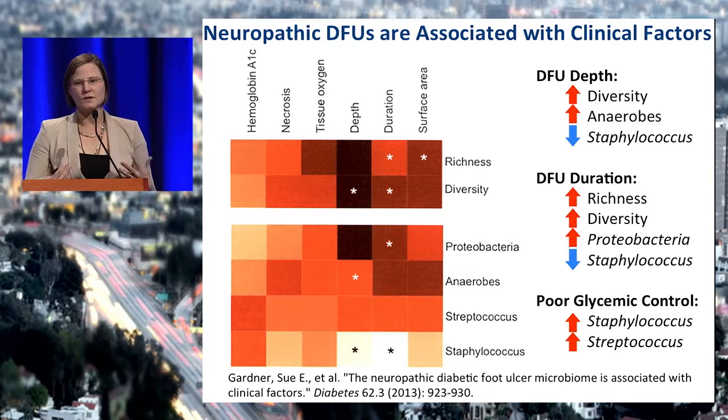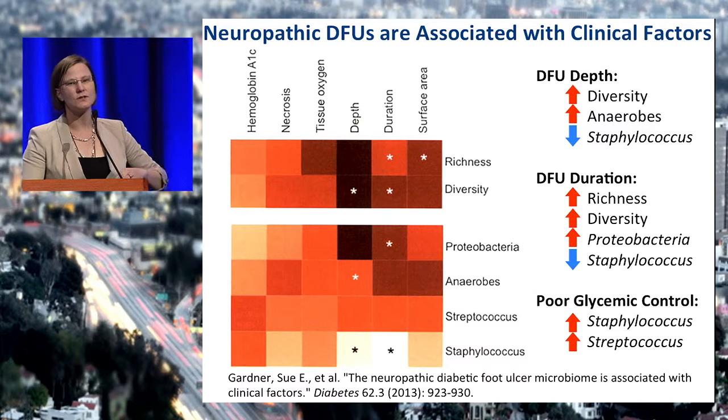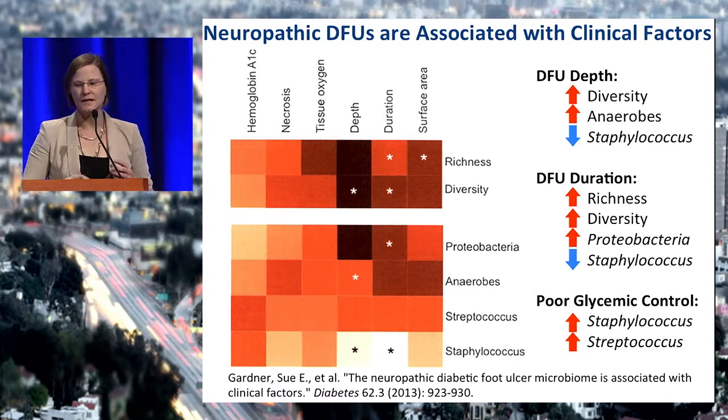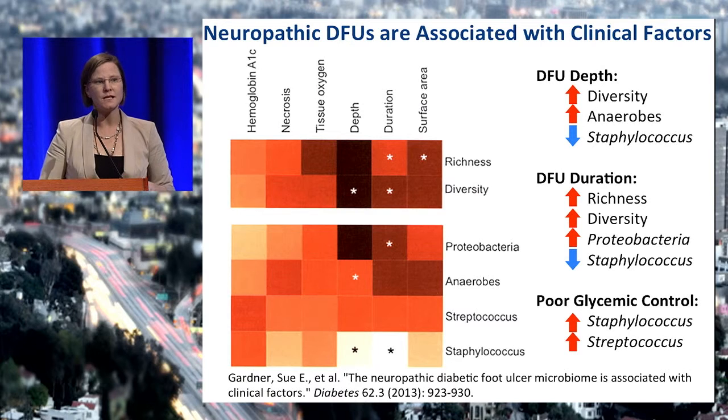This study is really one of the only studies that I know of that does this, where they look at neuropathic diabetic foot ulcers in non-infected wounds, and they associate them with clinical factors.